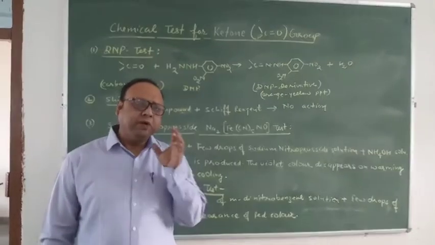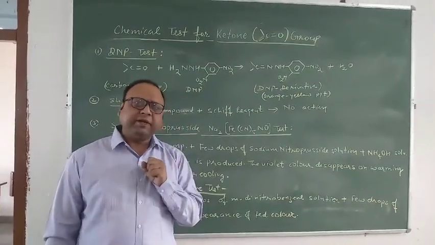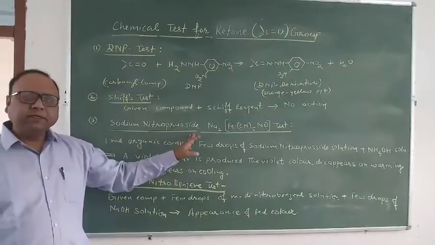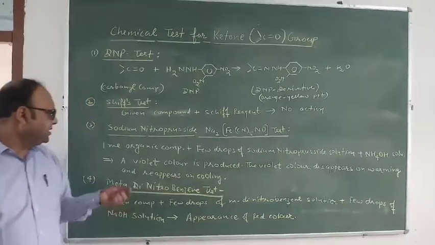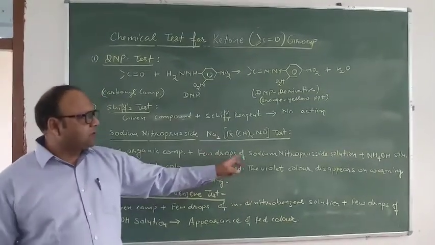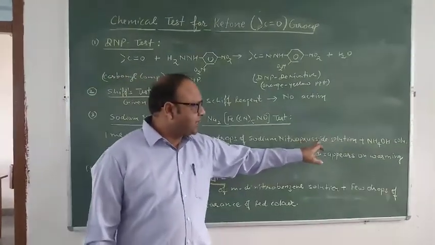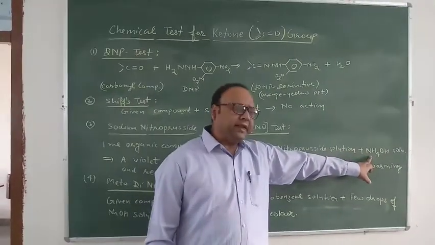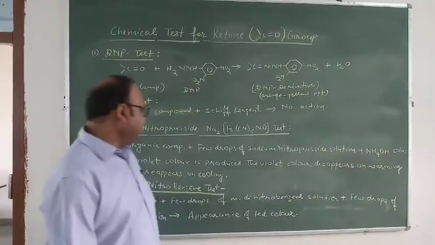Then we have to complete the two confirmatory tests of the ketone. The first is the sodium nitroprusside solution test. In this test, 1 ml organic compound plus a few drops of sodium nitroprusside solution and some drops of NH4OH solution. Then what happened?